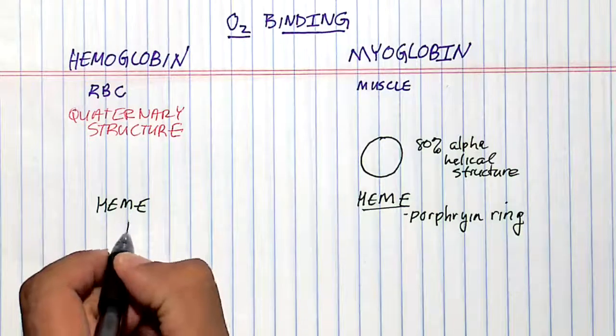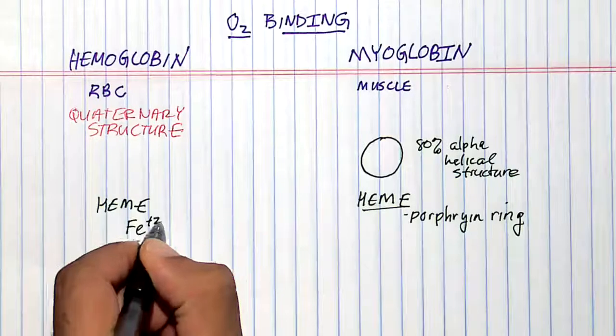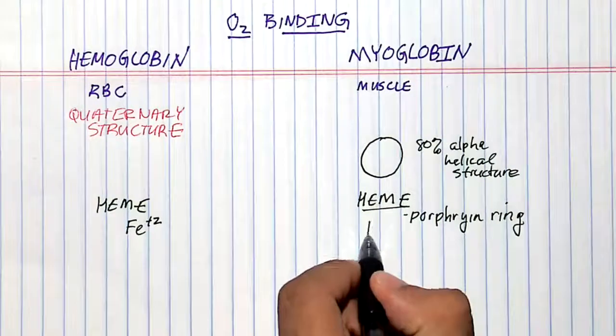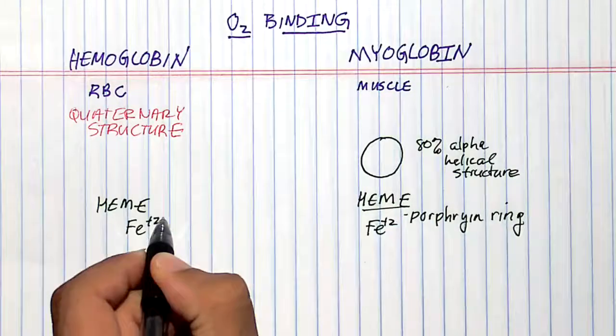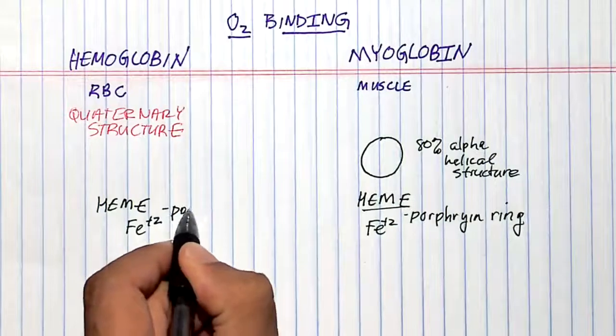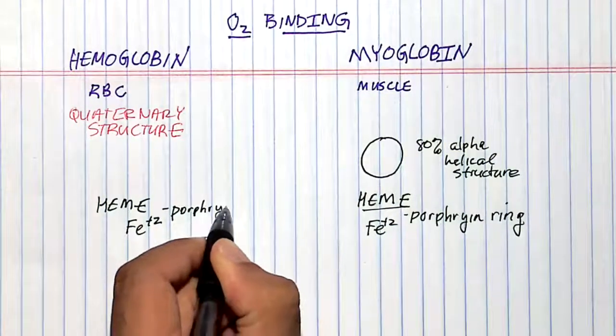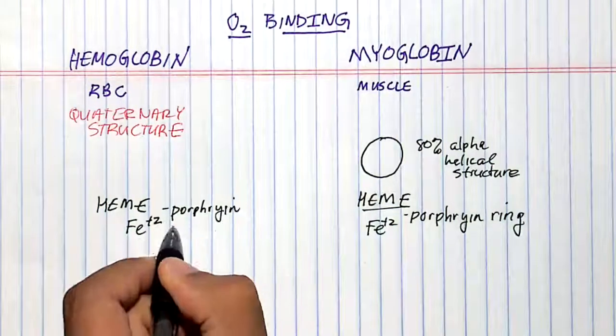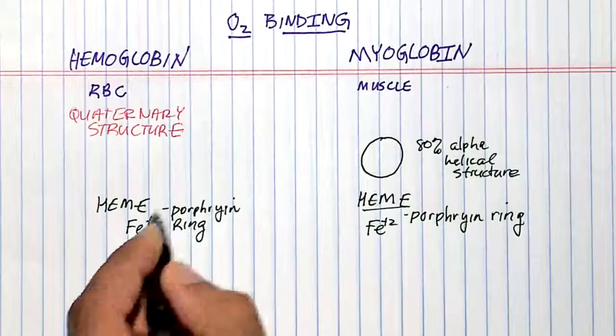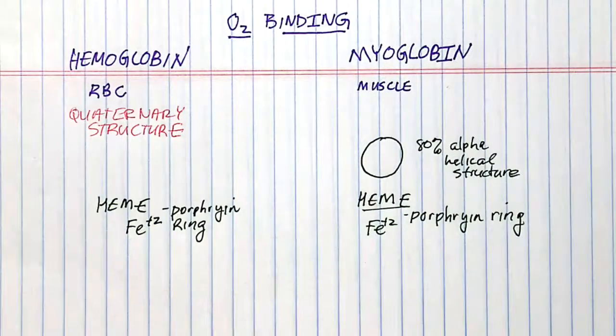And the heme has an iron +2 coordinated with the porphyrin ring. Okay, so this also is the same prosthetic group, heme. The oxygen is coordinated by the iron, so that's an inorganic chemistry phenomenon.